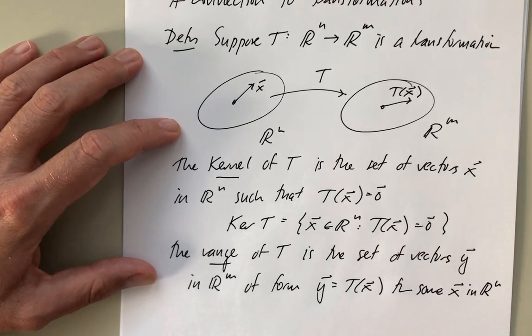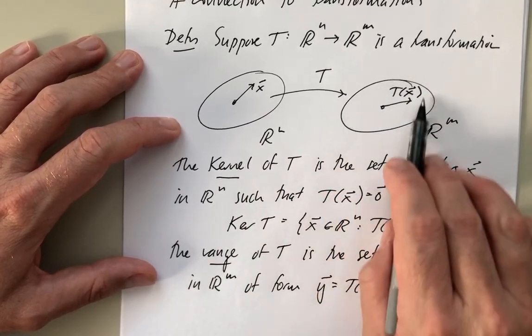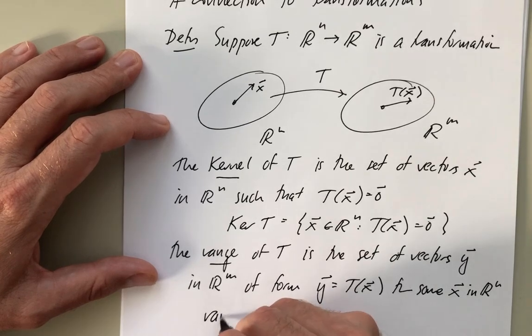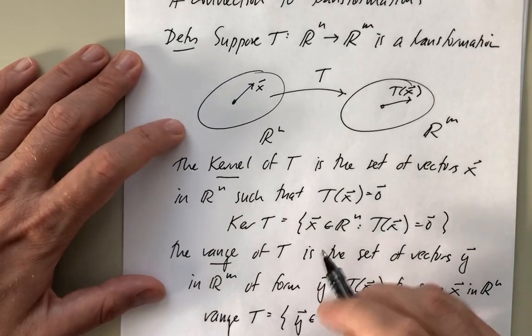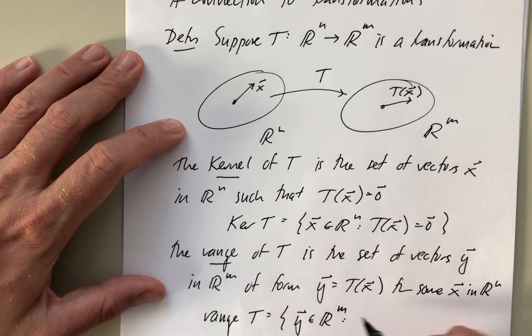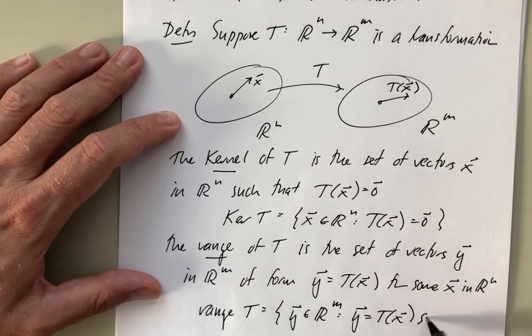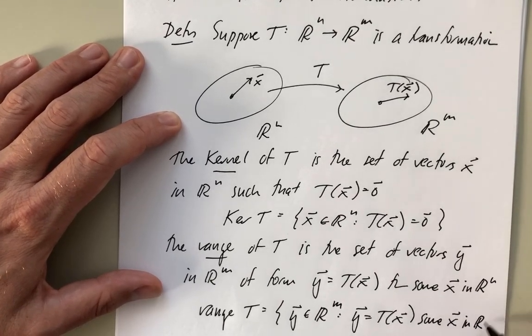Another mathy way to say this: it's the set of y in R^m such that y equals T of x for some x in R^n.